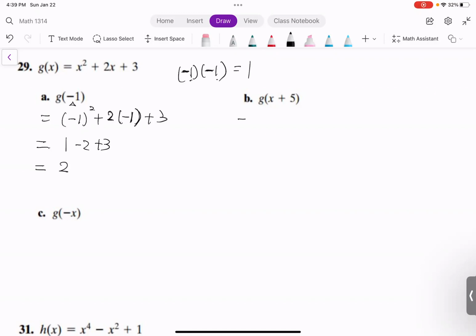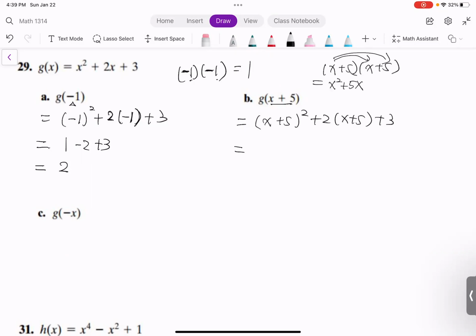Next example, number B. Input is x plus 5. x plus 5 squared plus 2 times x plus 5 plus 3. And we know that squared means x plus 5 multiplied by x plus 5. And you can FOIL this: x times x, x squared, plus 5x. 5 times x, 5x. 5 times 5 is 25.